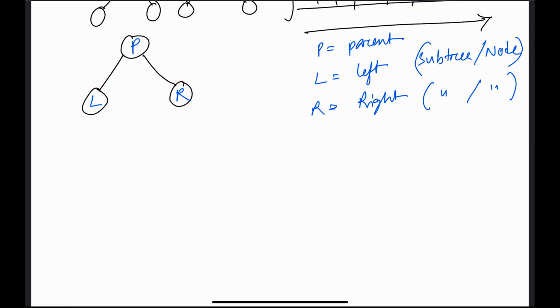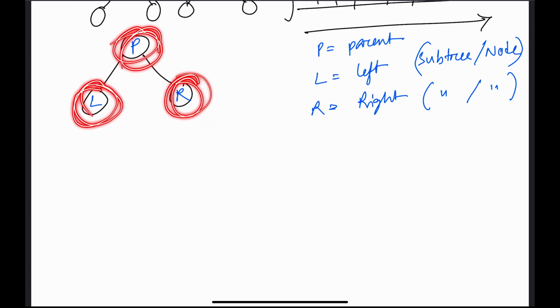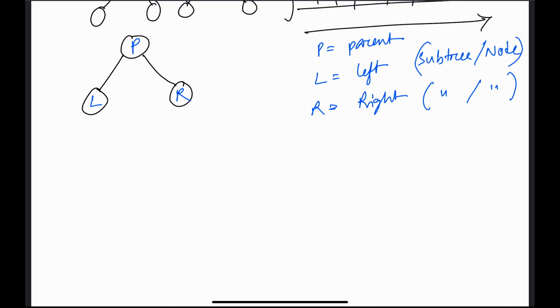So there would be a permutation. P, L and R, there are three elements, and obviously factorial 3, which is equal to 6 ways we can traverse, correct?